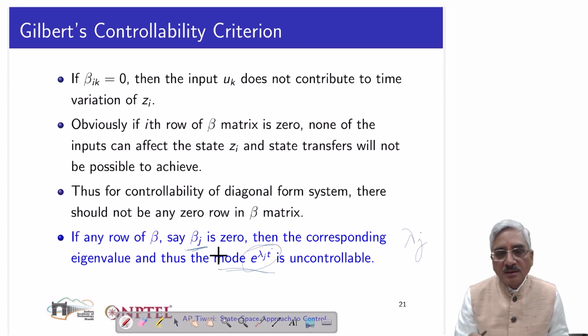So Gilbert's controllability criterion tells precisely which eigenvalues or which modes are controllable and which are not controllable, and it helps us to separate the controllable component of the system and the uncontrollable component of the system.